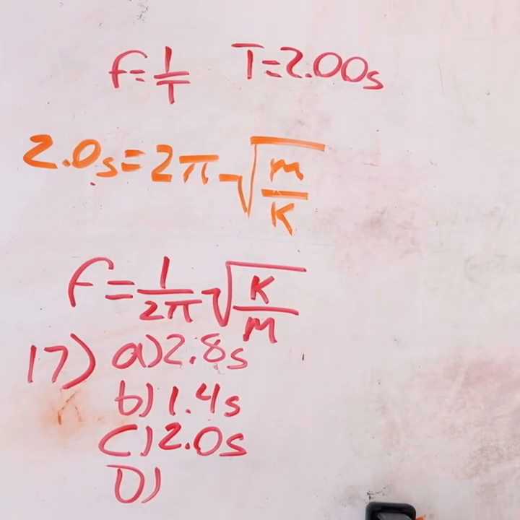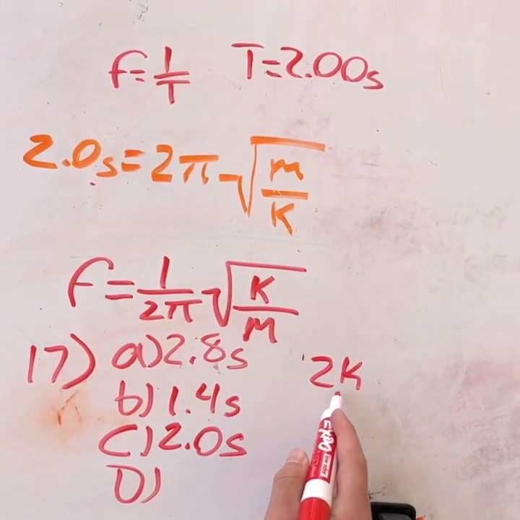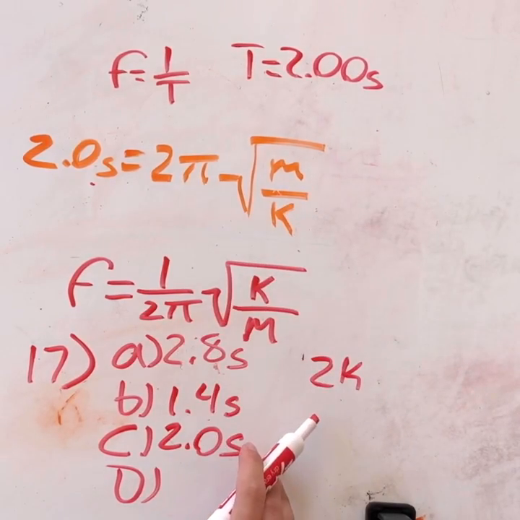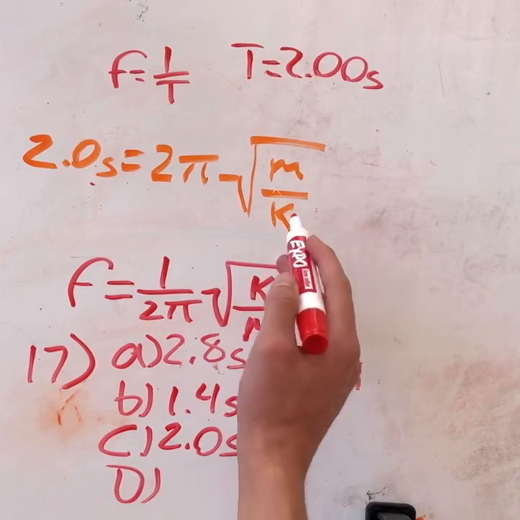All right, lastly, for D, we have to deal with the spring constant. So what would happen if the spring constant is doubled, if we had 2k? Well, that's actually the same thing as taking half of the mass, right? Because we're just keeping the k the same and dividing the mass by 2.